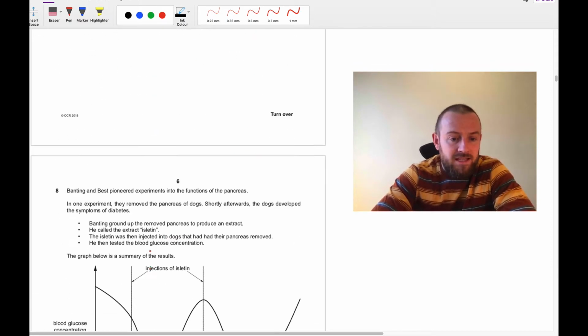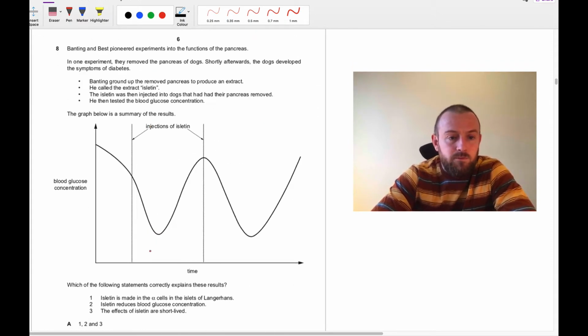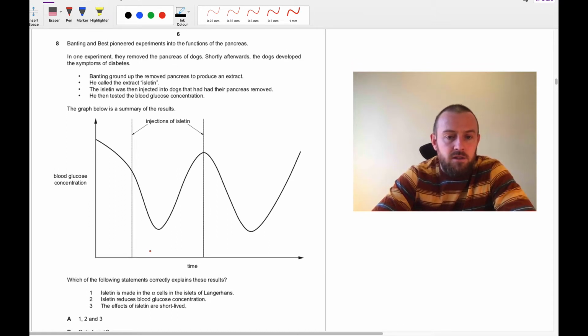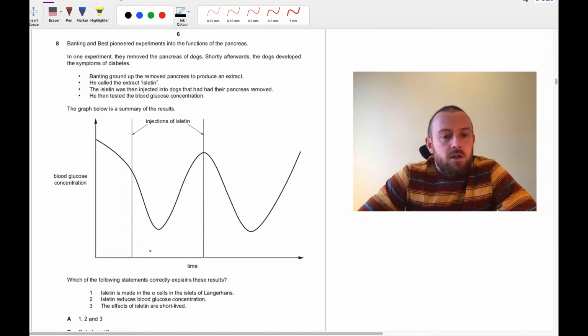Okay, moving on. 8. Ooh, what's this? Looks complex. Okay, Banting and Best. These were the guys who did insulin, who started to think about insulin for treatment of diabetes. It says, in one experiment, they removed the pancreas of dogs. Shortly afterwards, the dogs developed the symptoms of diabetes. Banting ground up the removed pancreas to produce an extract.